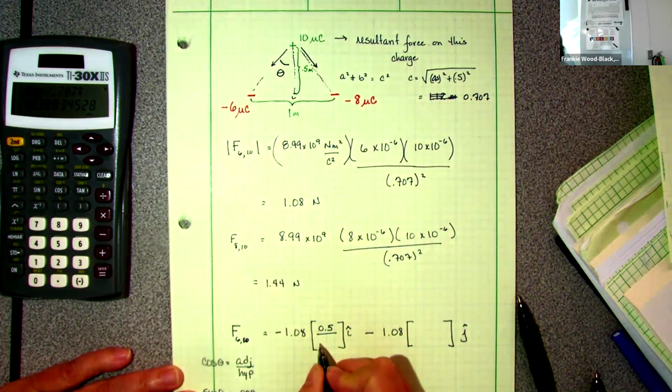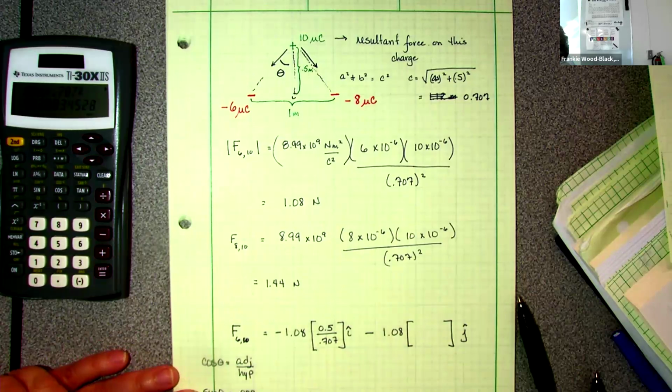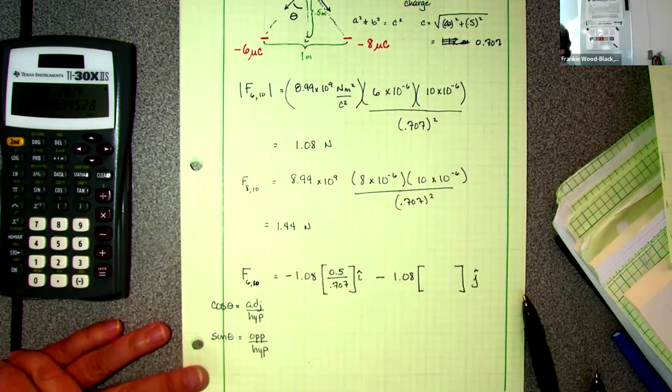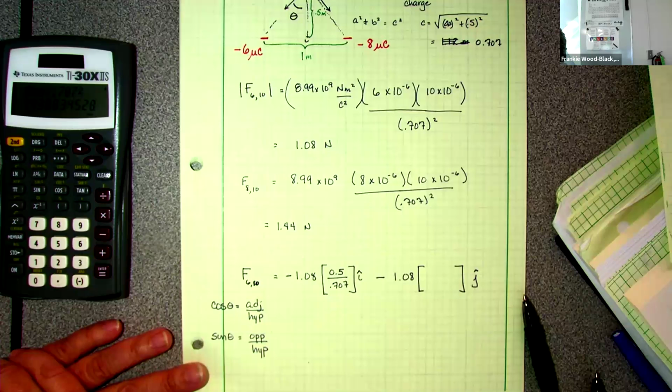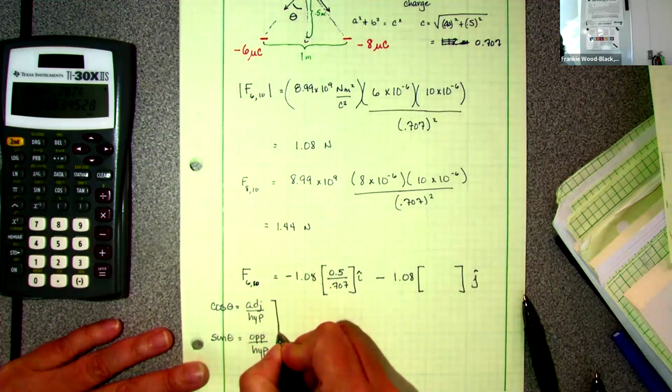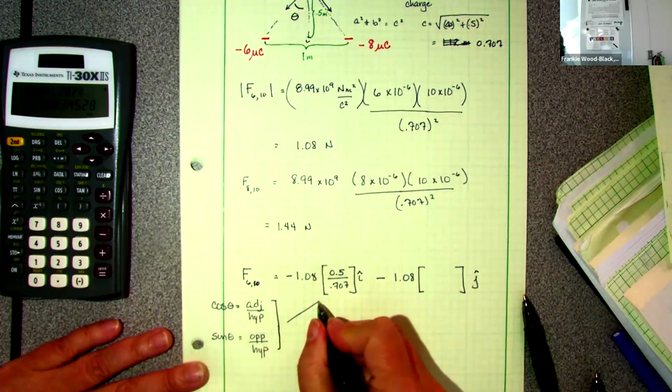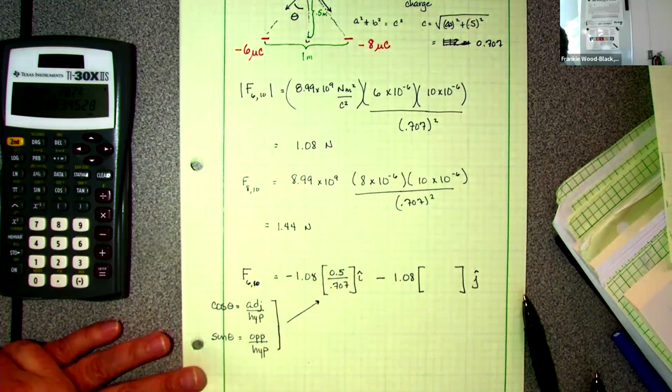My hypotenuse is 0.707. I don't have to take the step to go back and figure out what my angle is. You can go back and figure out the angle if you want. I don't have to do that. I can use this relationship to get me my ratios for my vectors.